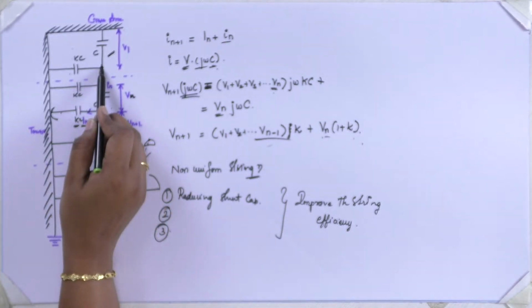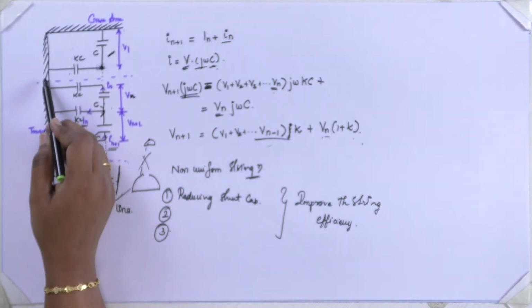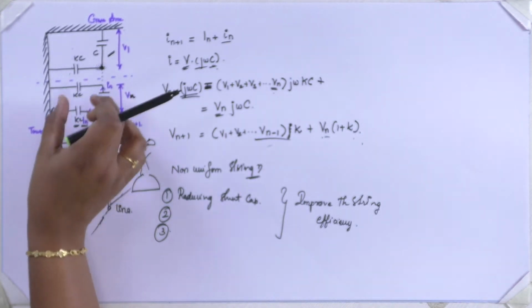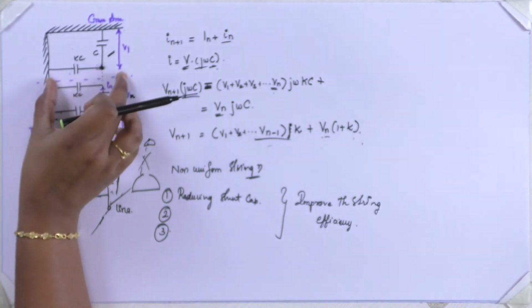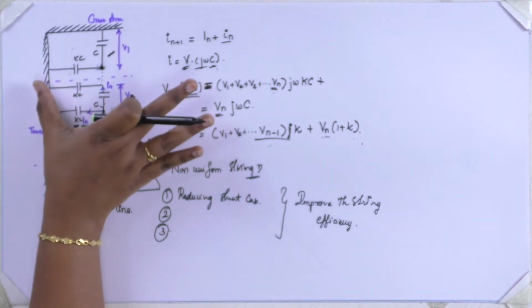It is the capacitance that acts between the metal part between two insulators and the tower. This can be done only by increasing the length of the cross arm.